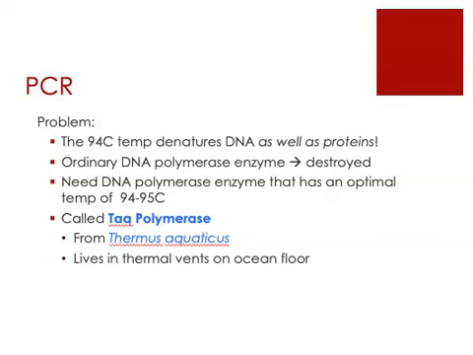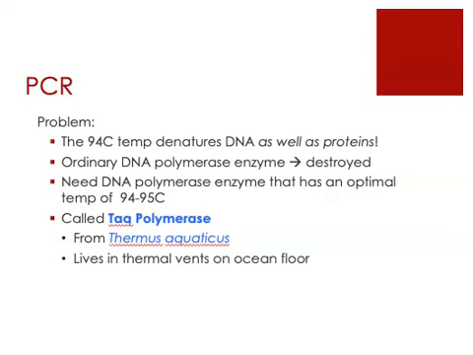Instead, we're going to use a form of DNA polymerase that evolved inside an organism that lives at temperatures in the area of 94 degrees centigrade. This particular organism is called Thermus aquaticus. So we took the T from Thermus and the AQ from aquaticus, and we came up with Taq polymerase.